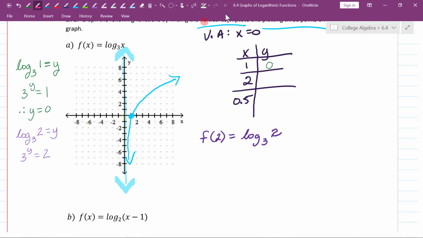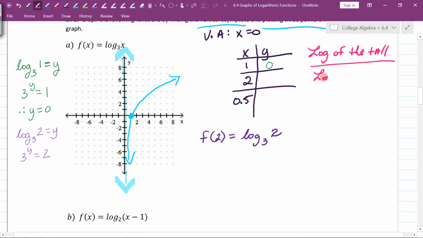I have a little rhyme that a student taught me a few years ago from this course: log of the tall over the log of the small. It's just a little rhyme, but it helps you understand the division. So the rhyme is the log of the tall over the log of the small. This is the tall number, this is the small number.